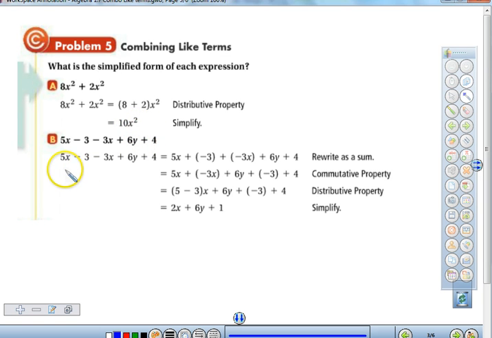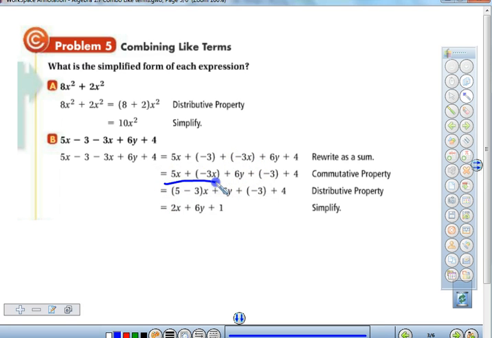In example B, you're going to see 5x minus 3 minus 3x plus 6y plus 4. We might want to first rewrite all the subtraction as addition because we really talk of adding like terms. That also lets us know which numbers are negative. So it's plus negative 3 plus negative 3x. What are our like terms?